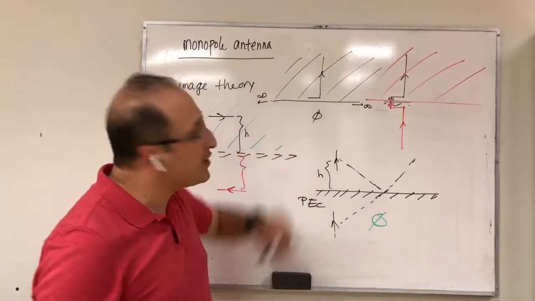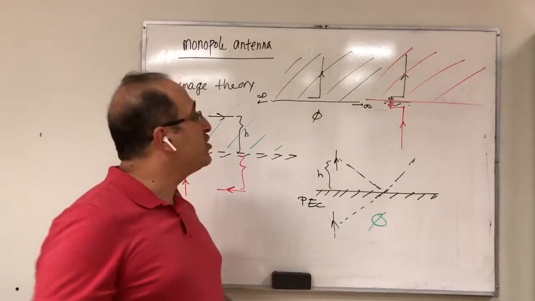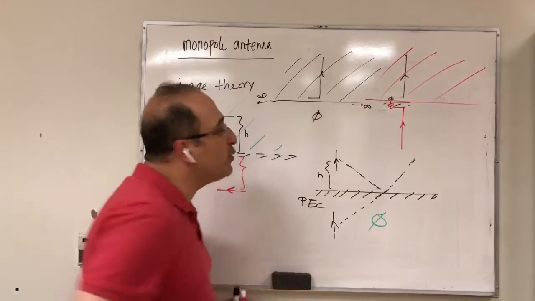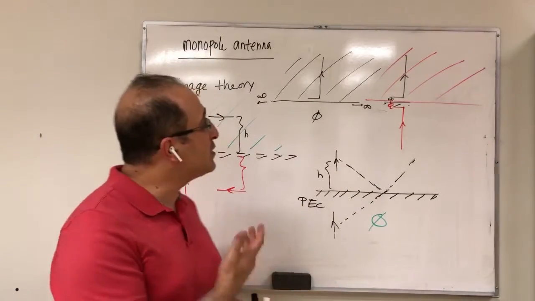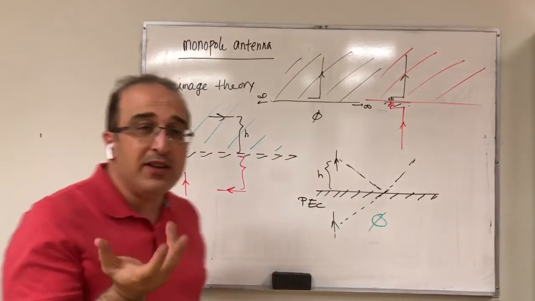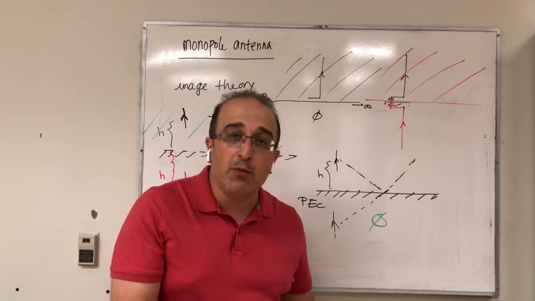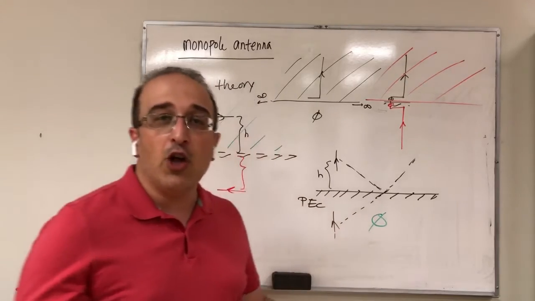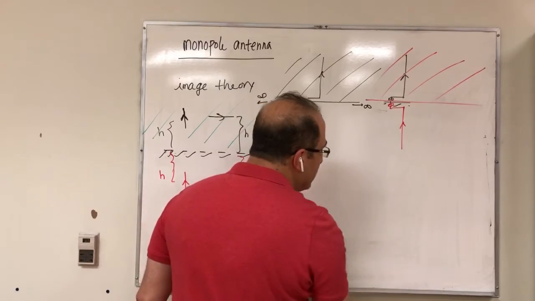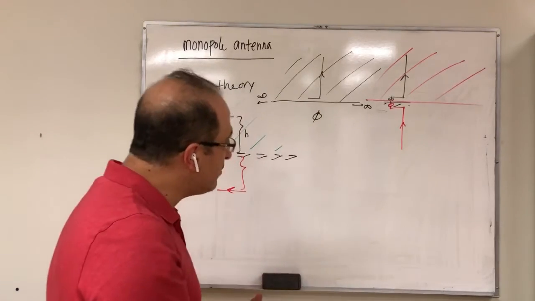But the bottom half of space is essentially shielded. So you can see a one-to-one correspondence here between this monopole and this dipole. So that's why we don't really spend much time on the monopole, because we can connect it to the dipole that we've already learned. Now, there is another thing that you can actually learn much from.